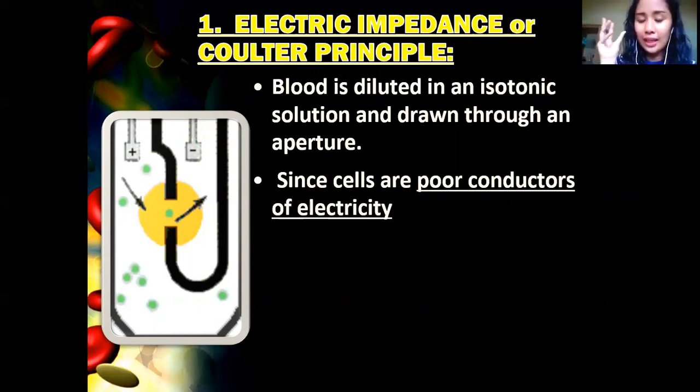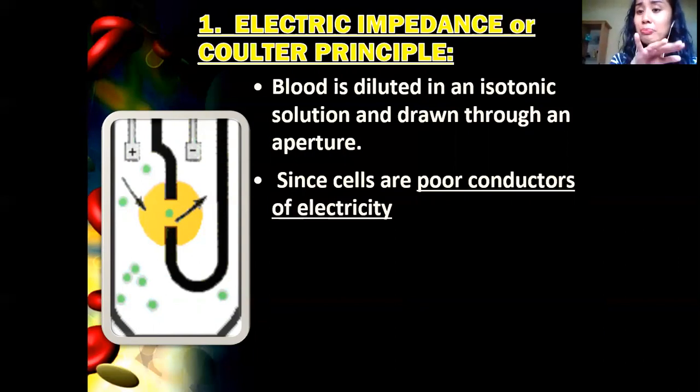Class, the key here is, as I said, in electrical impedance there is an electric field, meaning there is electricity. If you touch it, you can get grounded. And the key here is that cells are poor conductors of electricity.